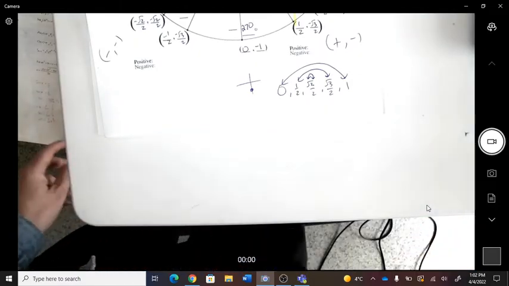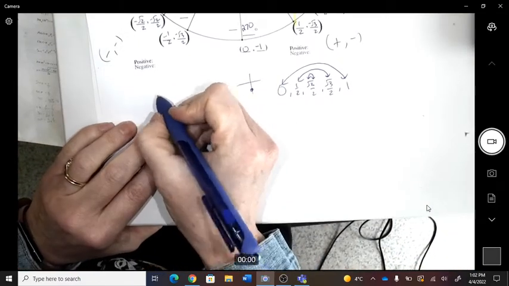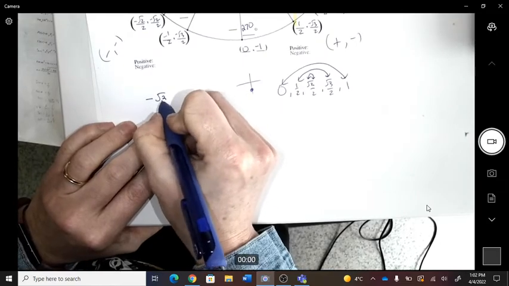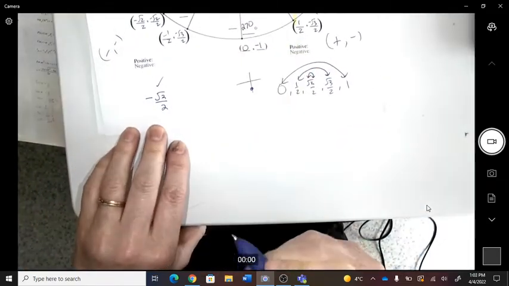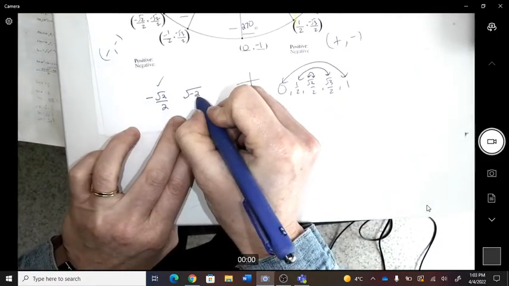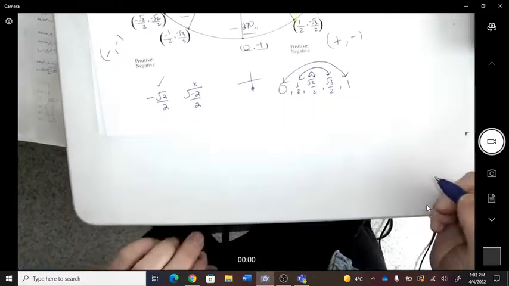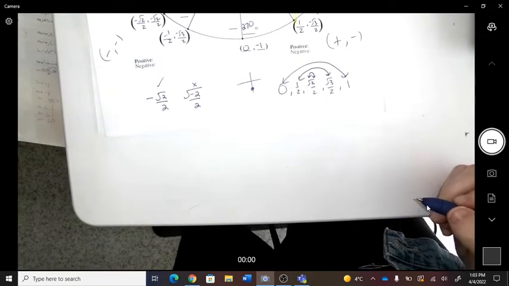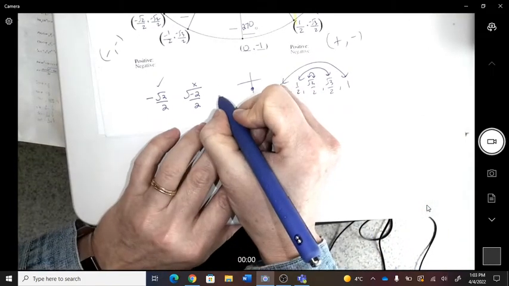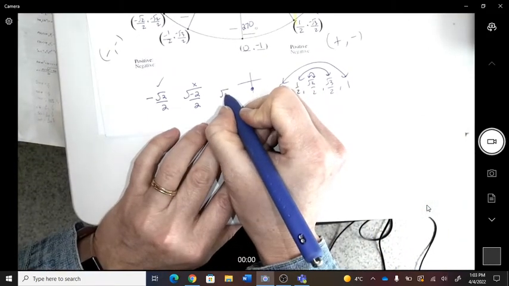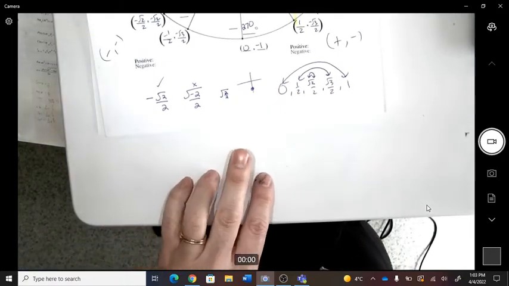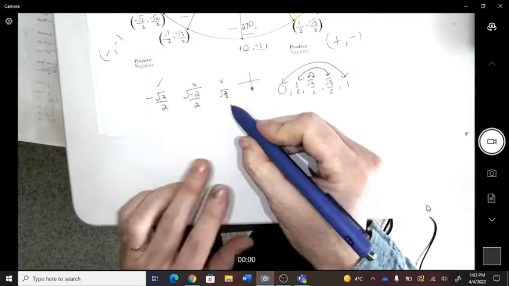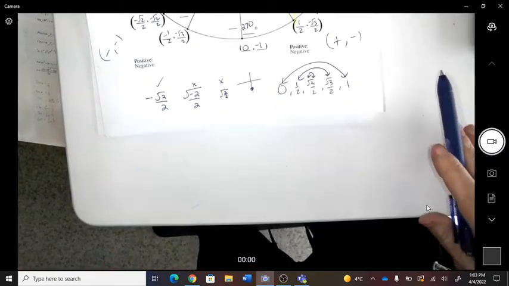If I wanted to write this, that was the correct way. This was somebody who did it the wrong way. If you were writing that, that's wrong. You want to write it out of the square root.